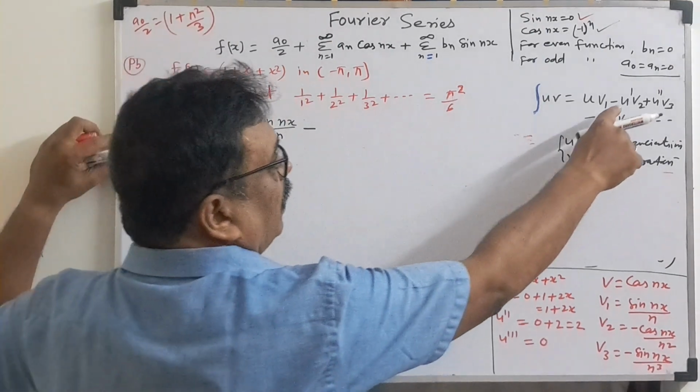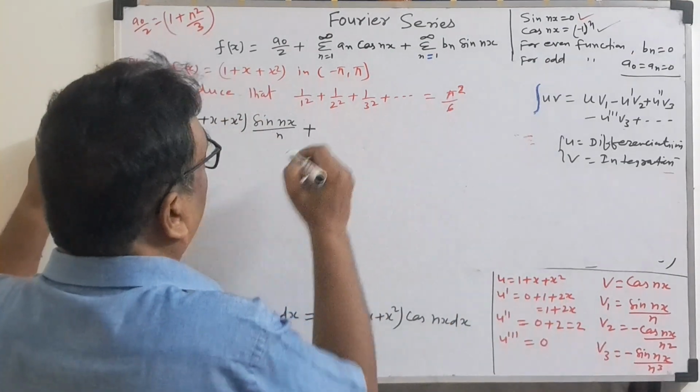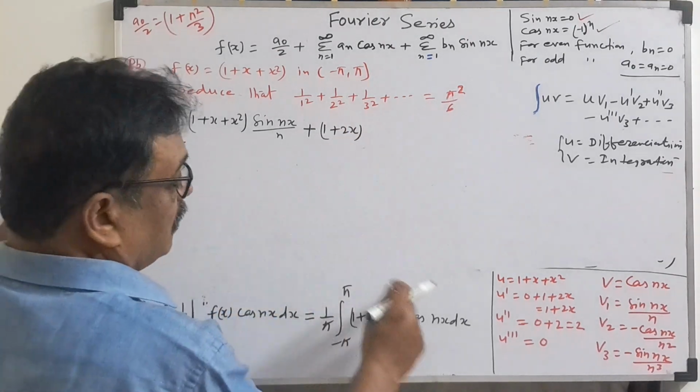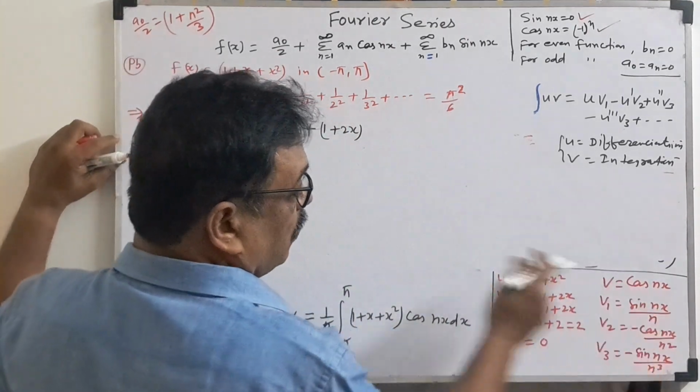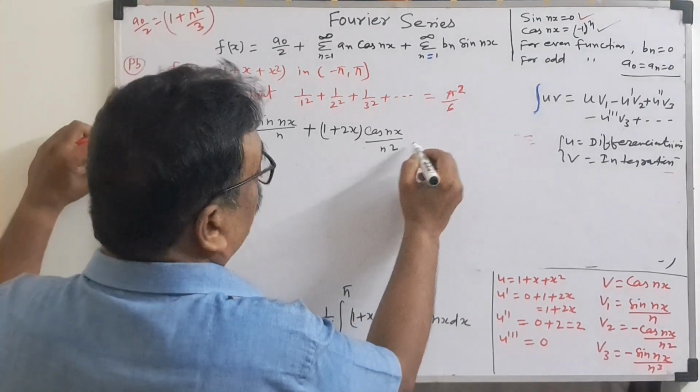Formula minus u dash times v2, minus, so finally it will come plus: 1 plus 2x times cos nx by n square.